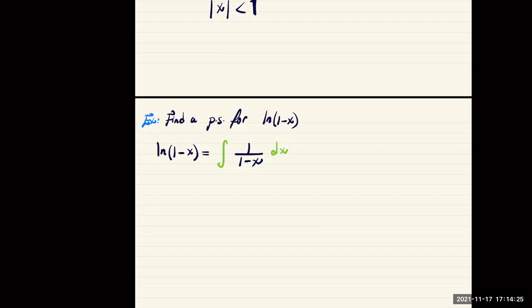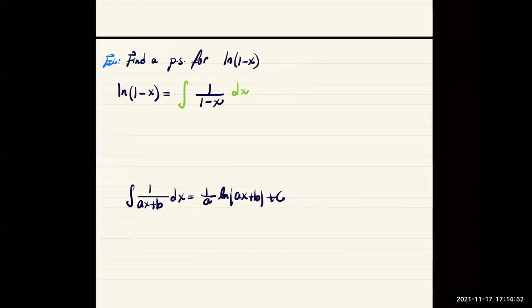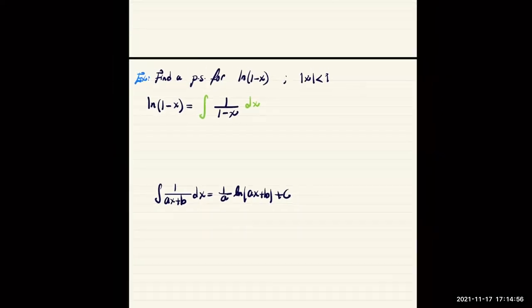Because when you integrate this function, remember the shortcut, guys? The shortcut says that the antiderivative of 1 over ax plus b is equal to 1 over a ln of absolute value of ax plus b plus some constant. And by the way, here we are considering absolute value of x less than 1, the interval of convergence.